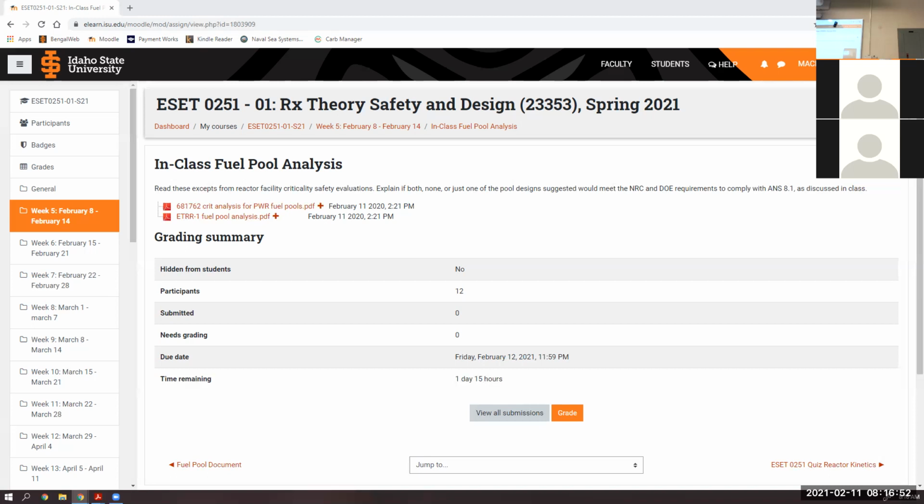So what I would do is, it's called analysis of PWR spent fuel storage facilities, so I'm going to assume they'll mention keeping the correct shape so it doesn't go critical, and keeping the mass low.